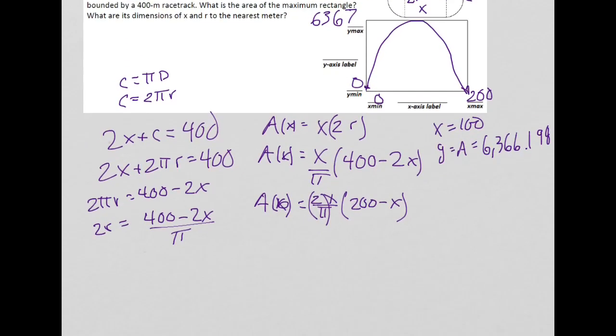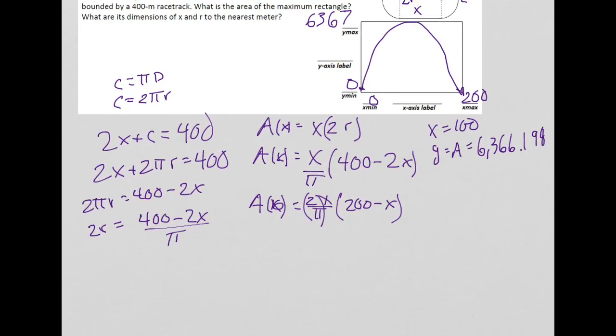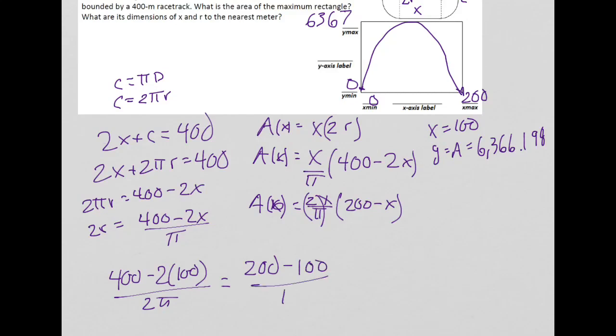So x is 100, and now we need to find r. So let's substitute that x value of 100 into our equation. We're going to get 400 minus 2 times 100, all over 2 pi, which is going to simplify to 200 minus 100 over pi, if you see what I did there, which is 100 over pi.